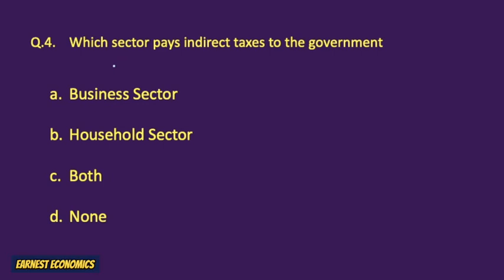Our fourth question is, which sector pays indirect taxes to the government? So you have to focus on where indirect taxes come from for the government. Our options include business sector, household sector, both, and none.